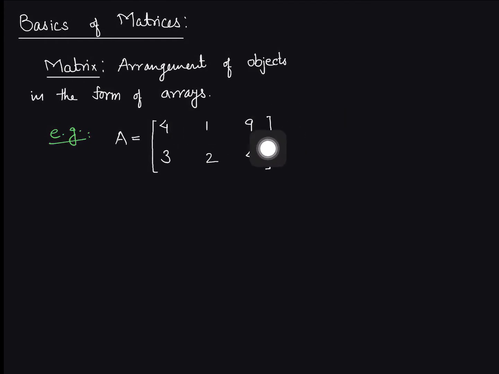These numbers in horizontal lines are called rows, and these numbers in vertical lines are called columns. So these are rows and these are called columns.